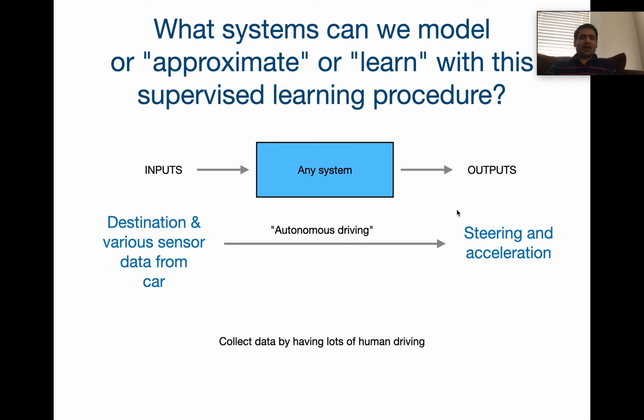And then the output is what the human does for steering and gas pedal. And once you have sufficient data of this flavor, you can again potentially imagine constructing a function that relates these inputs and these outputs. And that function could, in theory, if you do a good enough job of constructing the function, do autonomous driving, right?